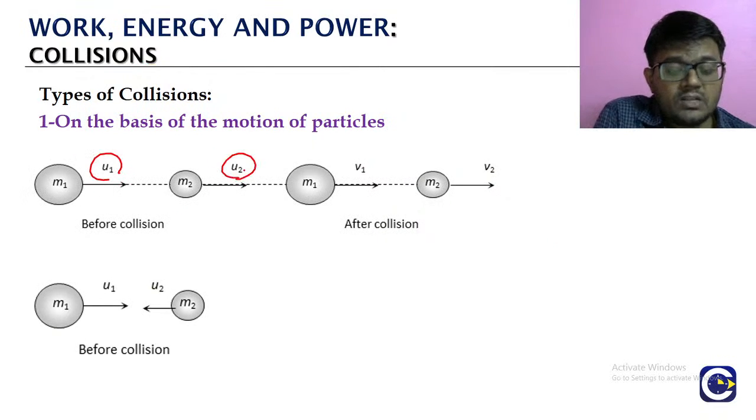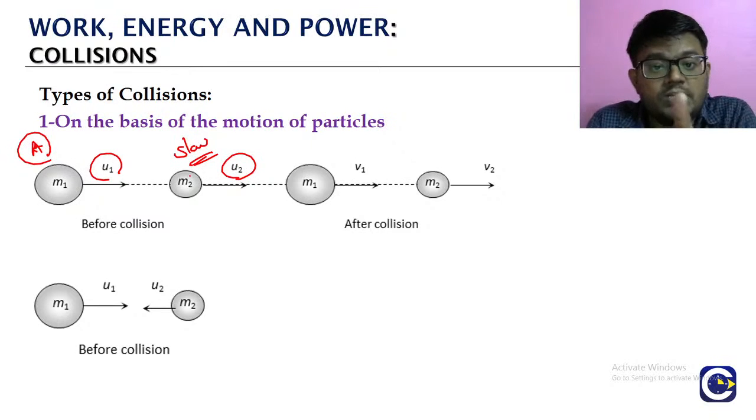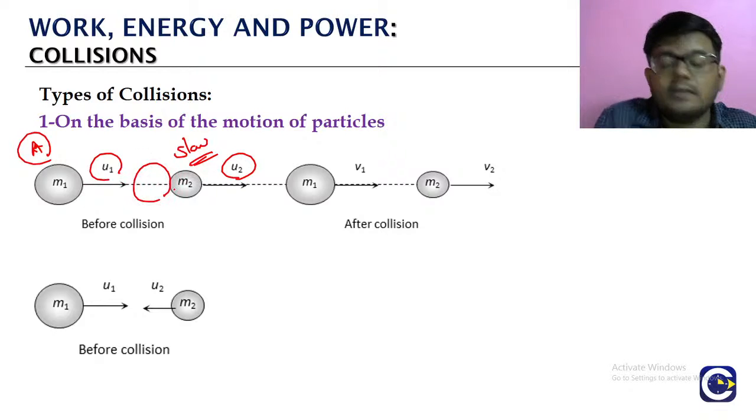Like look at this now. The velocities are along the same center line. So u1 and u2. If I look at this one, this is a case in which m2 is moving slow, m2 is going towards the right side, and m1 is also coming towards the right side, but m2 is slow. The m1 is going to approach, it will hit.